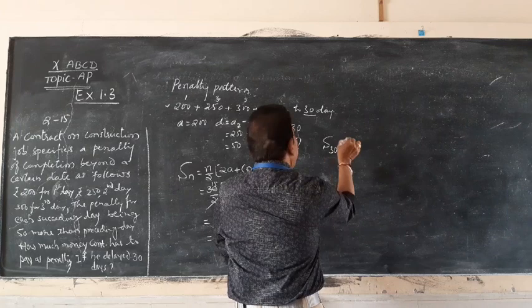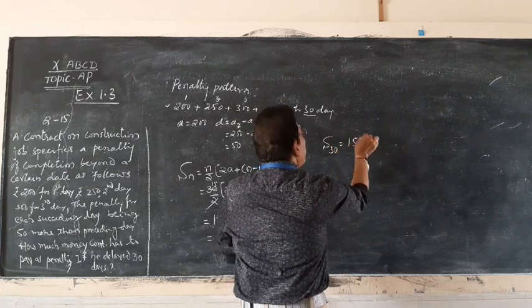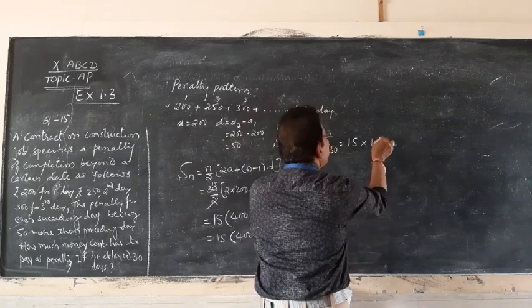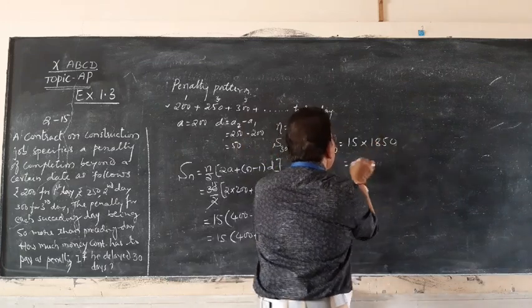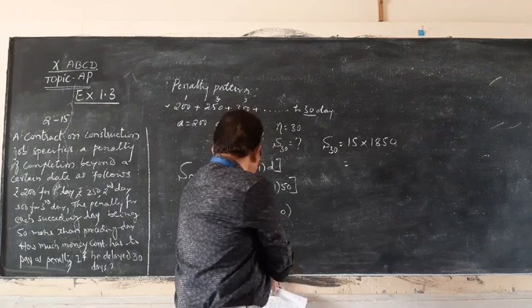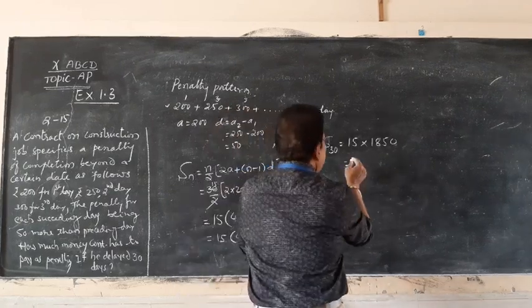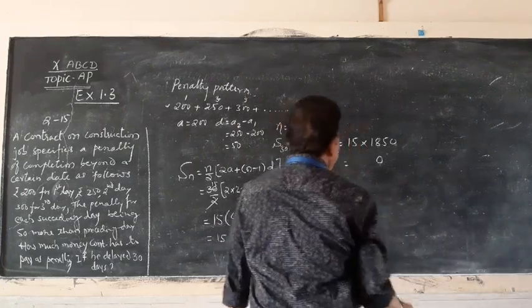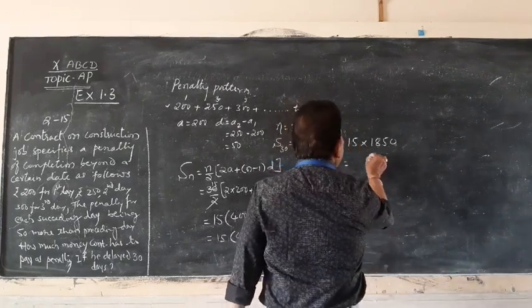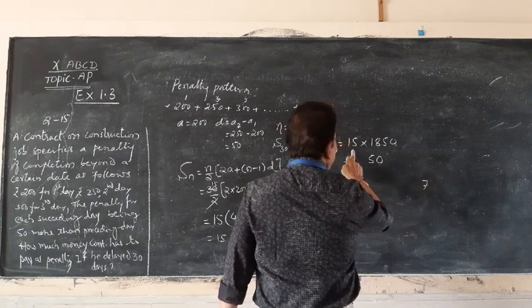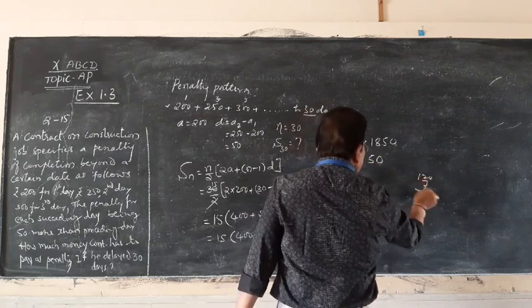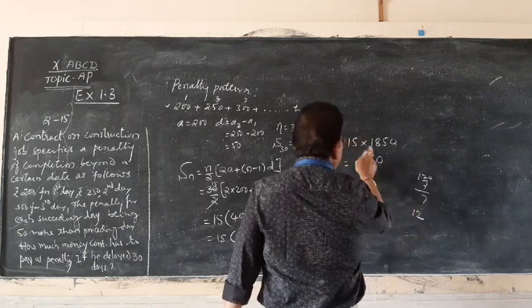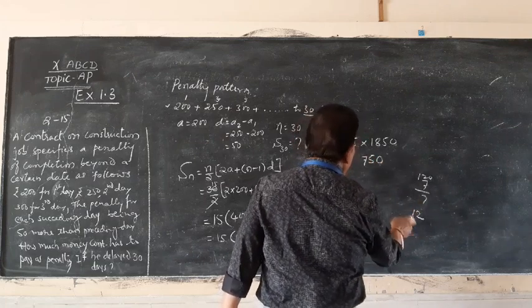S30 equals 15 into 1850. 15 zeros are 0, 15 5s are 75, carry 7, 15 8s are 120, that is 127, carry 12, 15 ones are 15, 15 plus 12 is 27.